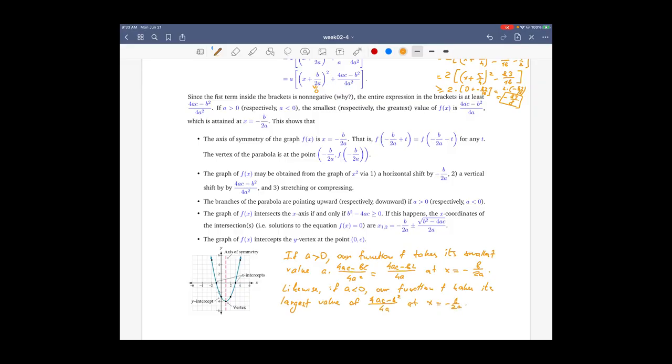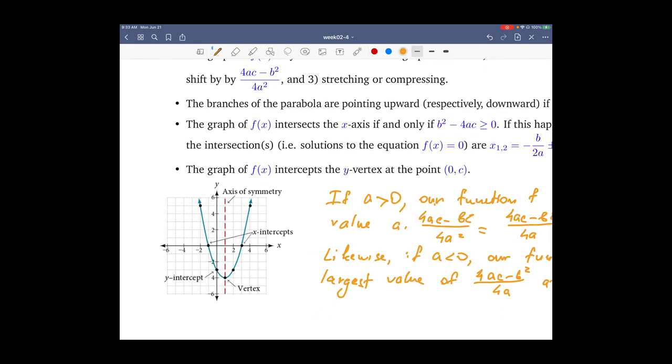Either way, this point is very special, the point where x is negative b over 2a. It's called the vertex of the parabola.